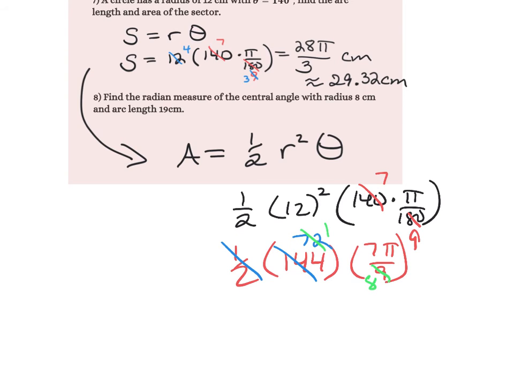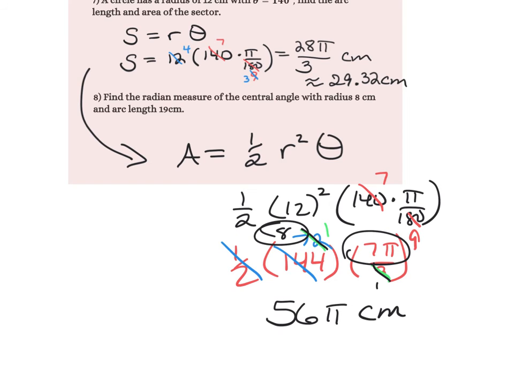So then my final answer here is going to be... did I mess something up? I did it the wrong way. The 8 should have been up here on the 72, and this should have been a 1. And now 8 times 7 pi is 56 pi centimeters squared, its area.